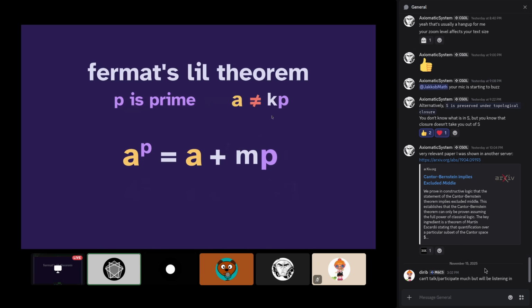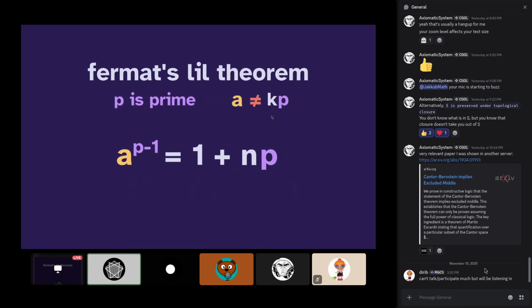So since a divides both of these, it must also divide the other term, but it can't divide p, so it must divide m. So we can divide out a of all of these. That gives us a to the p minus 1, equals 1 plus some n. So this is an equivalent statement of Fermat's little theorem, if we ignore that simple case.